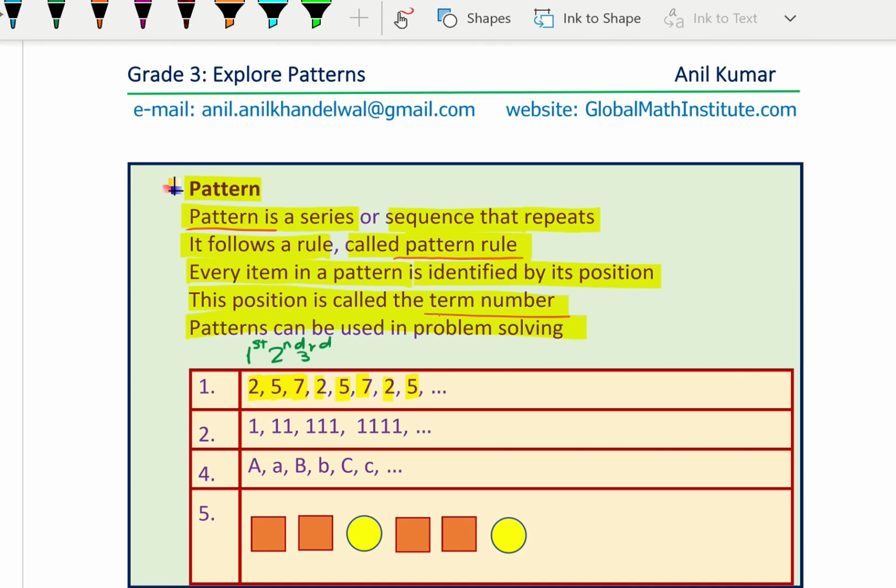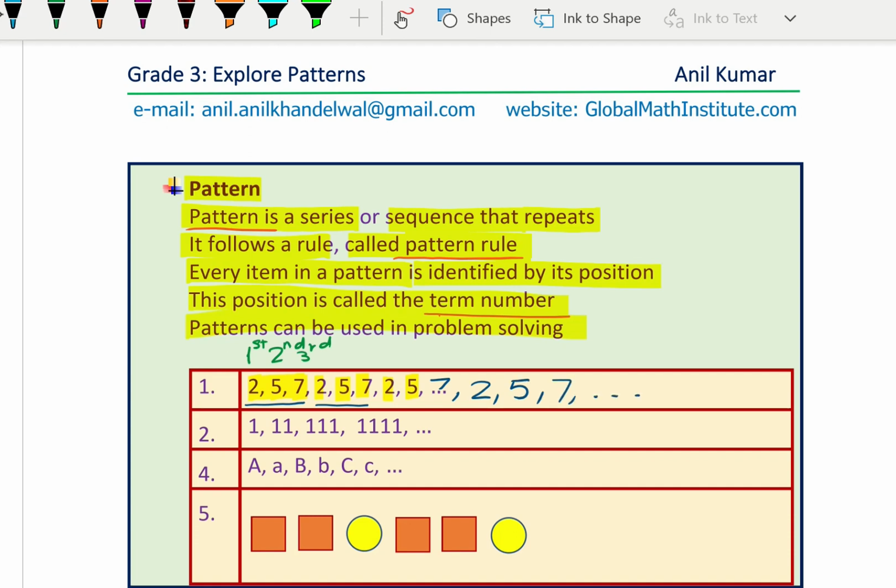So in the first pattern, which you can see here, what we have is numbers 2, 5, 7, 2, 5, 7, and so on. So how does it extend? Well, what we notice is that these three terms, 2, 5, and 7, repeat. So after 2, 5, I should get 7, and then again I should get 2, 5, 7, and so on.